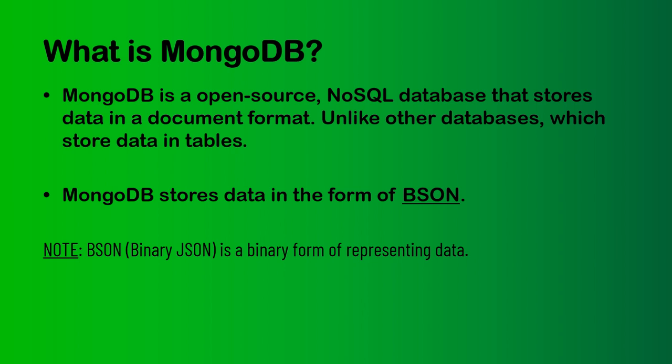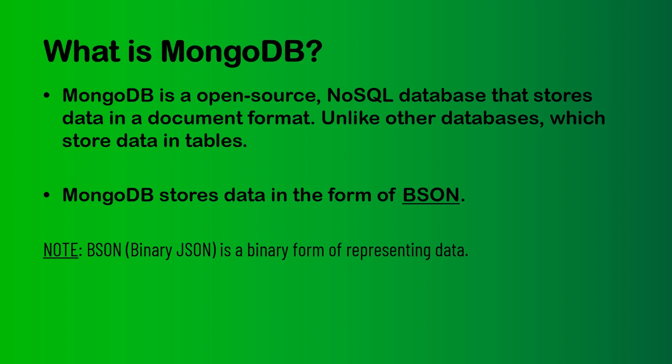And MongoDB stores the data in the form of BSON, that is binary JSON format. Binary JSON is nothing but it stores the data in the form of 0 and 1. You know the binary terms, right? 0, 1, and all. It stores the data in that form, because binary is the language that is easily understood by the computer, by the system.